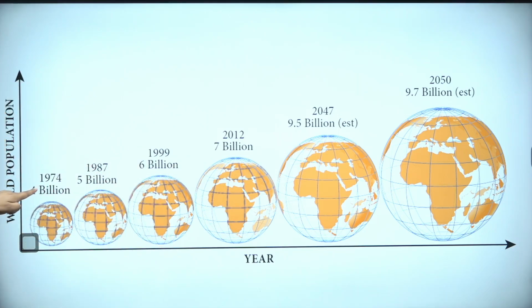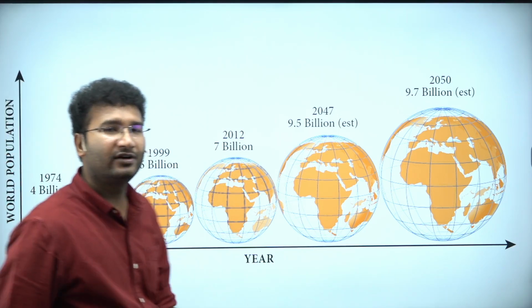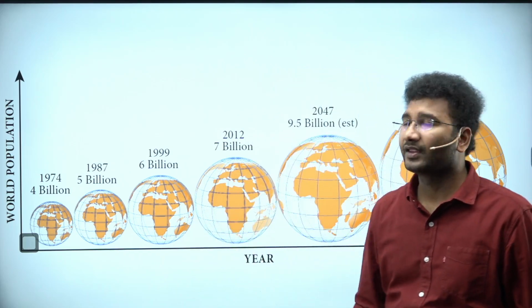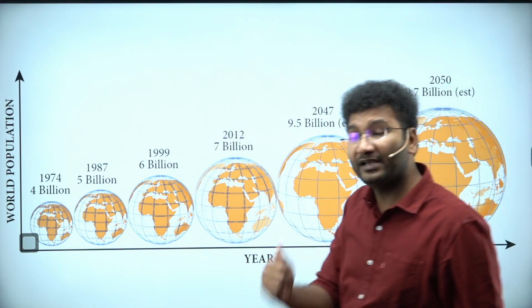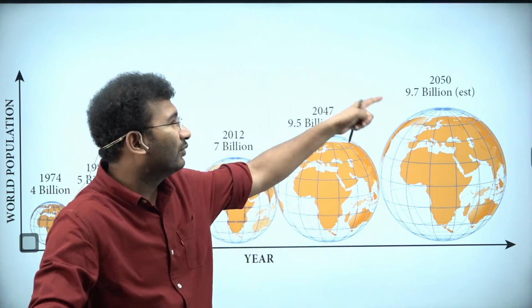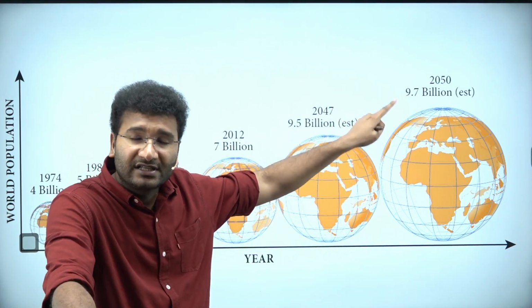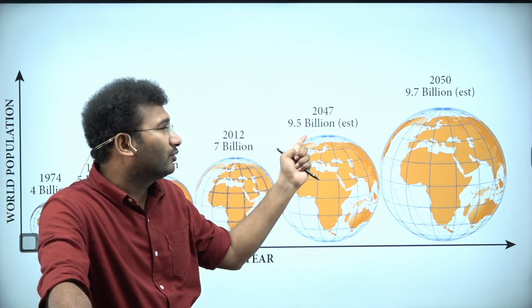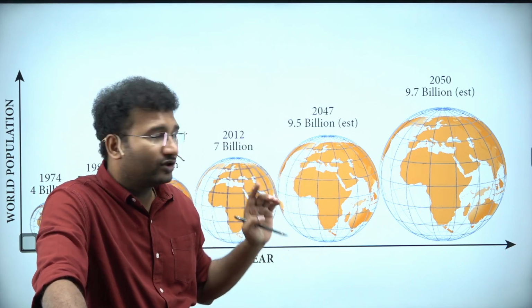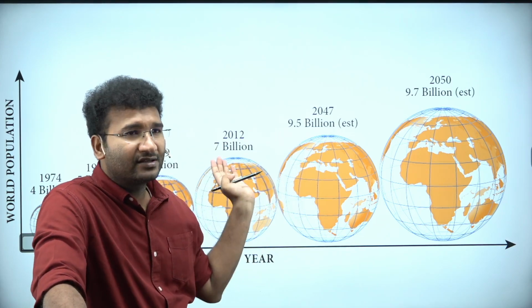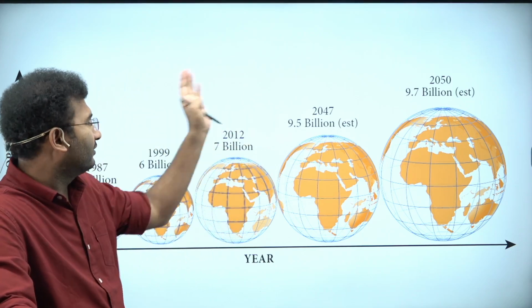In 1974, the world population was only 4 billion, right? When it comes to 1999, it is 6 billion. By 2050, it is estimated that the world population is going to be 9.7 billion. As of now, the estimation for 2047 is 9.5. In 2012, it was 7 billion. That means every 2 decades almost we are doubling the population.